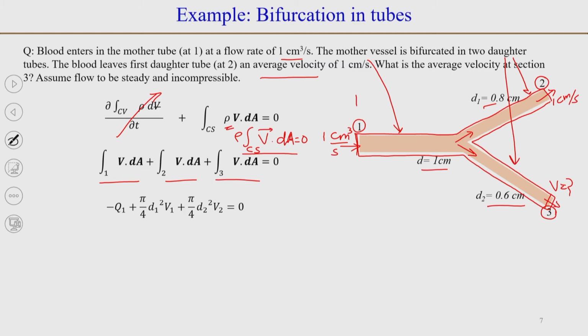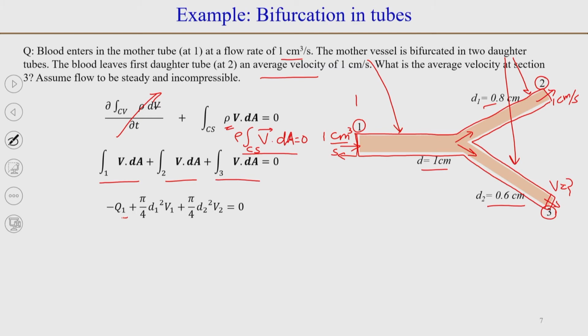Okay. So, for V dot dA at section 1, the flow is coming in and the area vector is pointing out. So, V is pointing inward, whereas A is pointing outward.